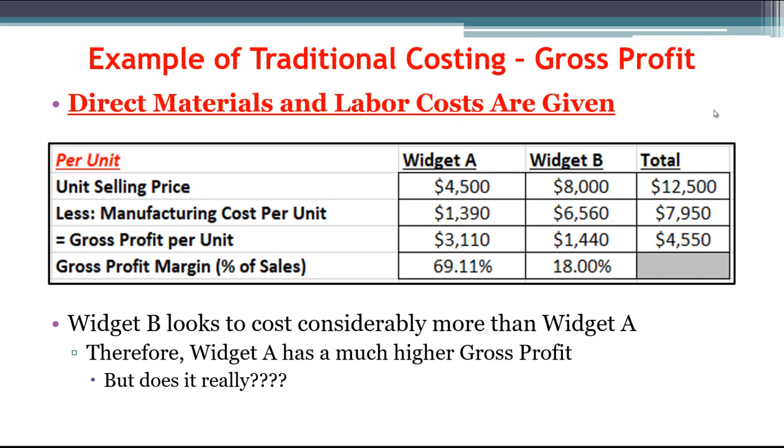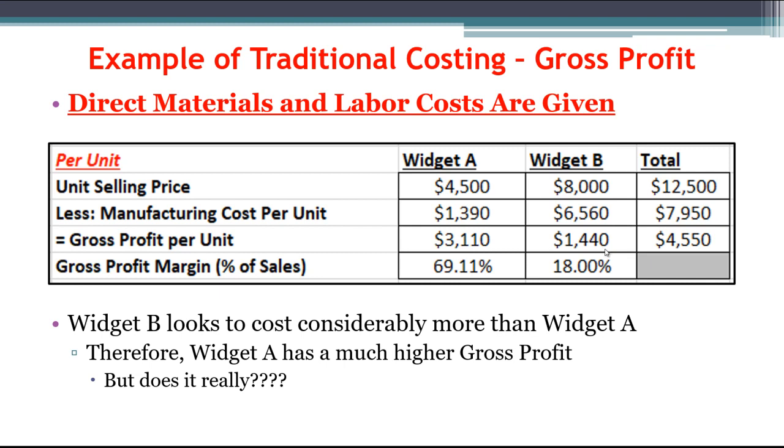Now let's bring this forward and look at the gross profit. Again, let's assume that they had $4,500 for widget A. These are just assumed, they're given. $4,500 selling price for widget A. Let's assume there's an $8,000 selling price for widget B. We subtract out the manufacturing cost per unit that we just calculated, and we get a gross profit per unit.